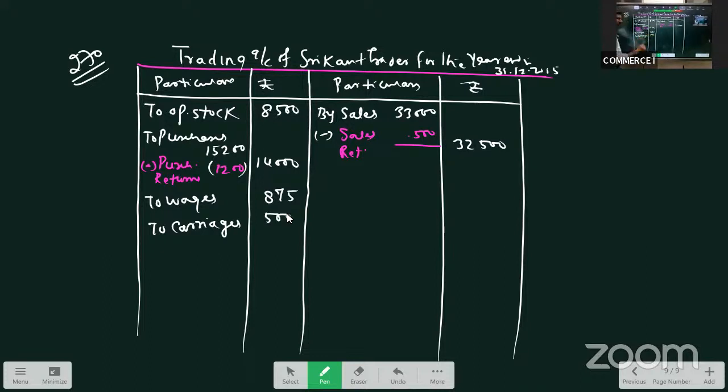Take it on the debit side. Next, factory rent. All the expenses related to factory, I told you, factory rent, factory wages, factory insurance, are also shown in the trading account on the debit side. To factory rent, how much is factory rent? 925.